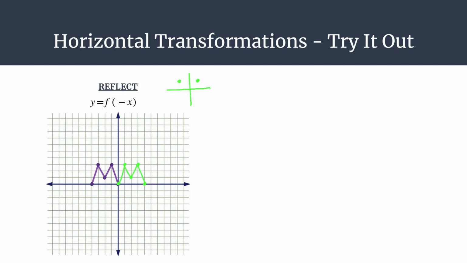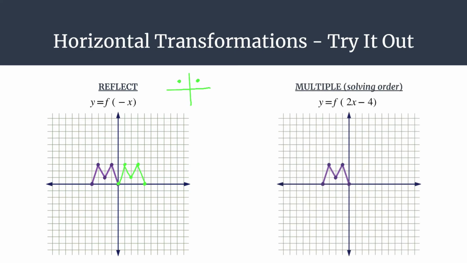Finally, before we move on to our vertical transformations, let's look at what happens if we have multiple horizontal transformations. This is where that thought of solving order will really come in handy. You see we have y equals f of 2x minus 4. You can see that we are both shifting right and horizontally compressing, and we need to know which one to do first because the order matters.